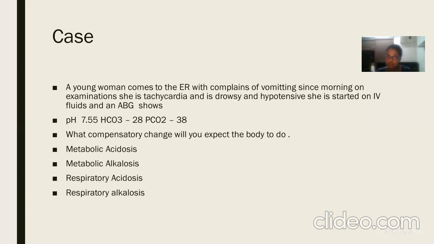So the alkalosis will be sensed by my chemoreceptors. My chemoreceptors in turn will signal my lungs to breathe slowly, hence hypoventilation, which will help me retain my carbon dioxide. If my carbon dioxide is retained, I'll see a carbon dioxide rise in this ABG, and that is compensation, and that is how the body is going to neutralize its pH.